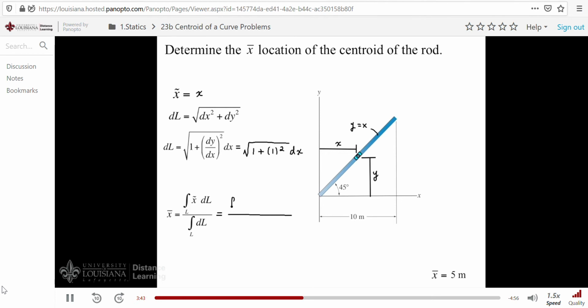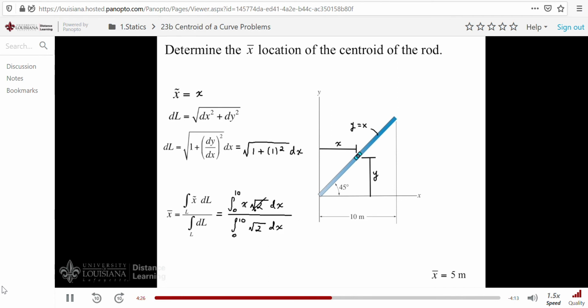Up on the top we have the integration from 0 to 10, because we're integrating along the x-axis. We write down our distance x tilde, which is x. And then we also have our length, which is equal to the square root of 2 times dx. And down below we have an integration from 0 to 10 of the square root of 2 times dx.